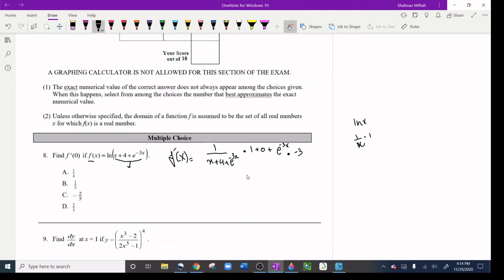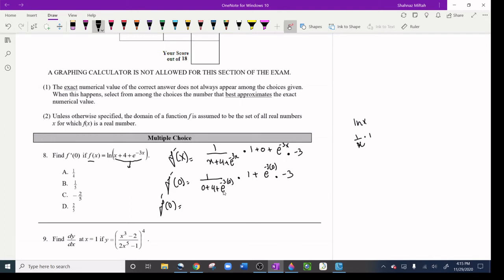So this is what I got on the top. Let me plug in 0 there. I got 1 over 0 plus 4, plus e to the negative 3 times 0, times 1 plus e to the negative 3 times 0 times negative 3. F prime 0: e to the power 0 is 1.